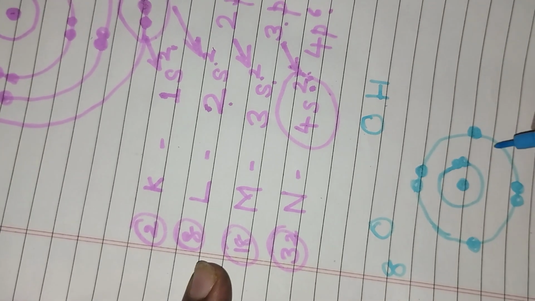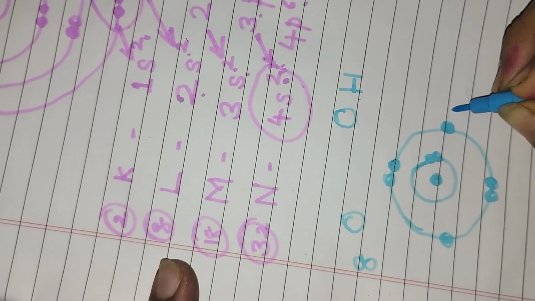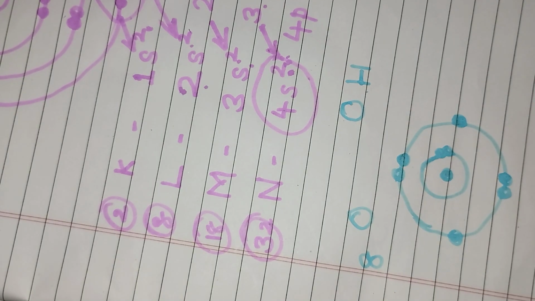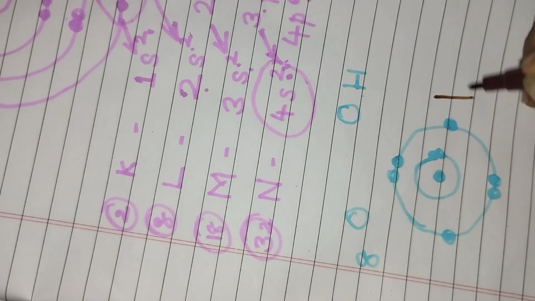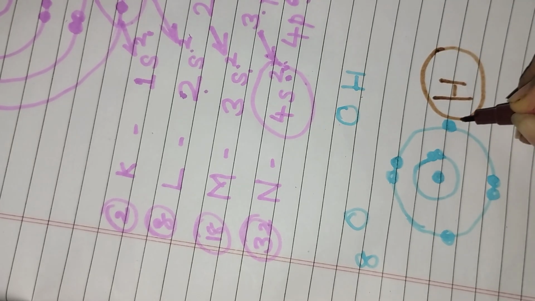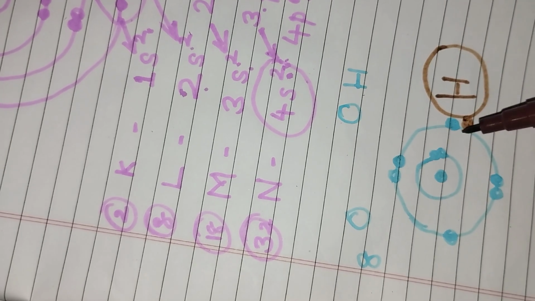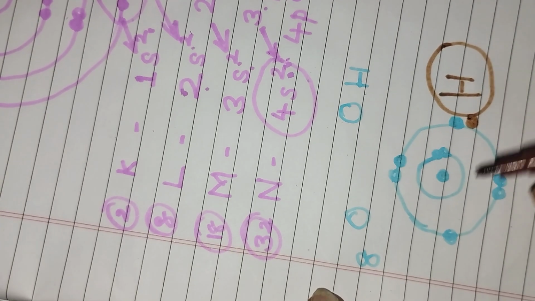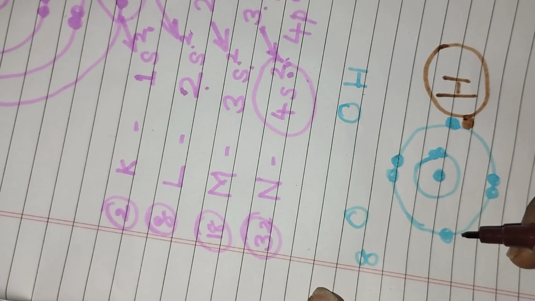Now this is the oxygen atom, which then shares an electron with hydrogen. We always know that hydrogen has a single electron in its outermost orbit, and it tends to share this with oxygen. So this becomes OH, and now this is the hydroxyl radical.